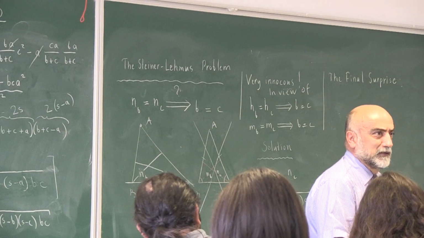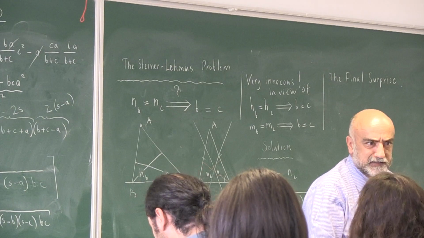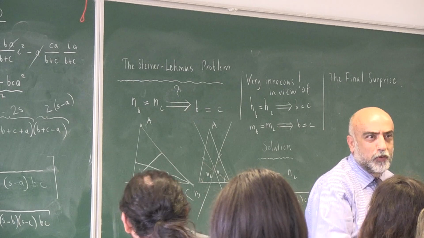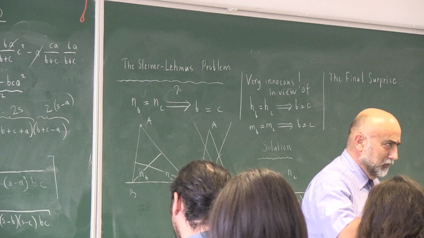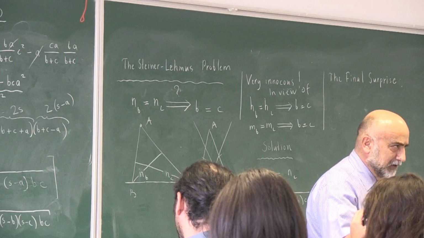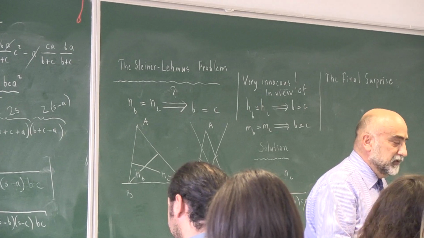Nobody knows anything about him, but he could immortalize his name by asking a question which turned out to be terribly difficult. In fact, it could be solved by Steiner himself, possibly the greatest geometry person at that time.